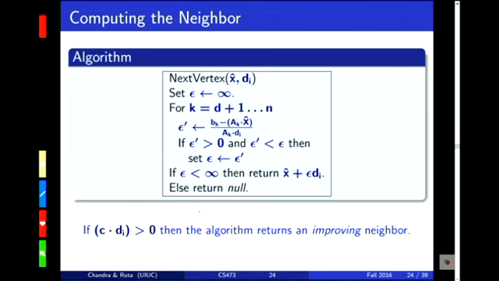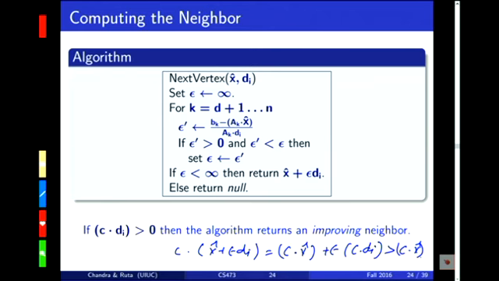At this vertex, if c dot di is strictly greater than 0, then c dot (x hat plus epsilon di), which is c dot x hat plus epsilon c dot di, will be strictly greater than c dot x hat. Questions?